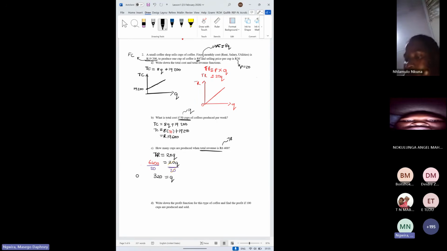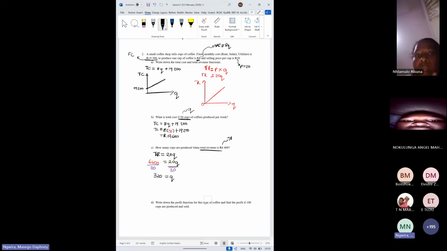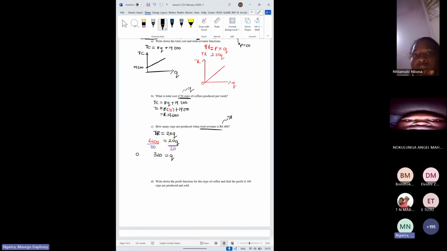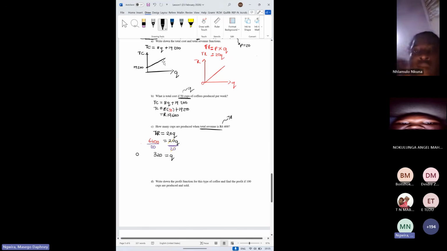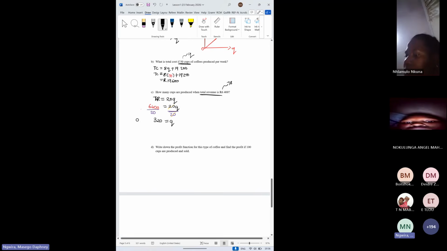Yes. Okay. And then now we move on to D. It says, write down the profit function for this type of coffee and find the profit if 100 cups are produced. So it means that now we are looking for the profit function. What is the profit function?